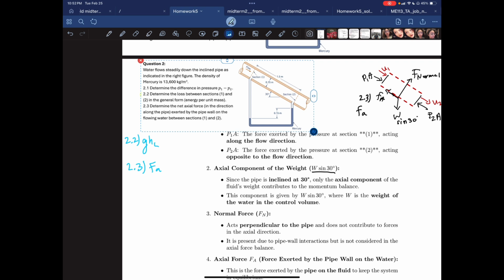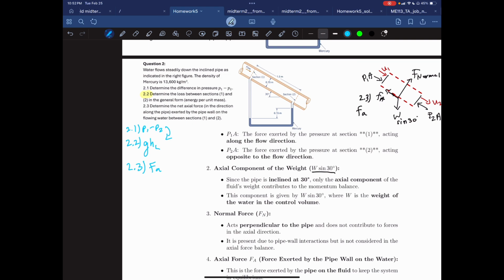And 2.1, P1 minus P2, which will help you solve 2.2. Make sure that your number's right, or else your 2.2 won't be right, obviously.